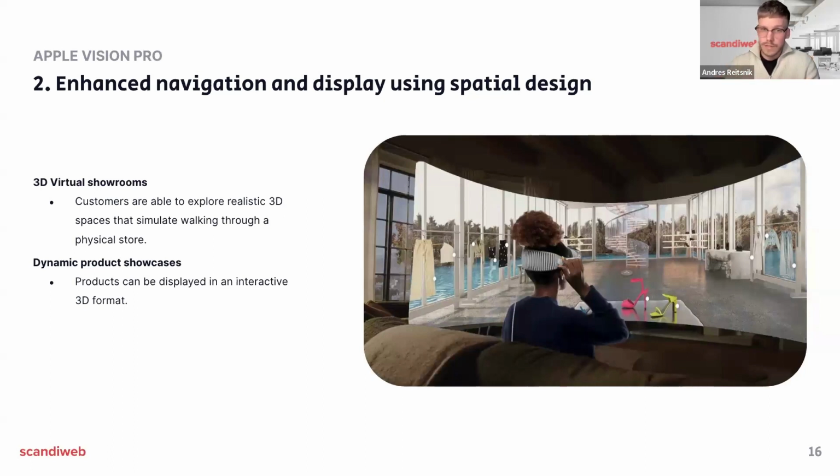And lifelike product presentations as well. Customers can navigate through these virtual spaces as if they were physically there, physically present. Again, providing more intuitive and engaging way to shop online. So comparison to a regular e-commerce store where you just have the product list.